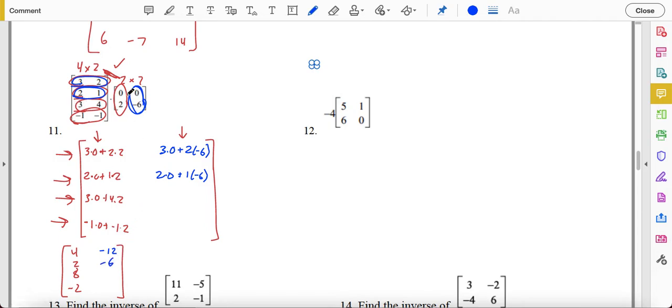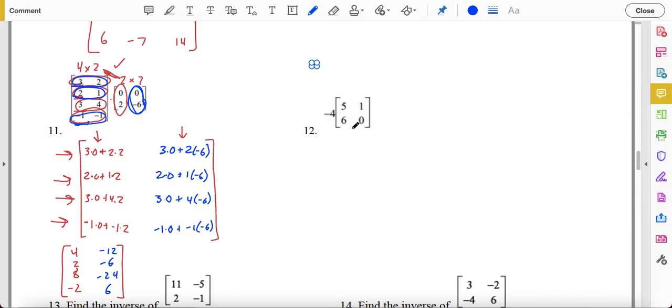Third one, 3 times 0 plus 4 times negative 6. So 0 plus negative 24, negative 24. And finally, negative 1 times 0 plus negative 1 times negative 6 is 6. So that's my solution matrix to this number 11 here.